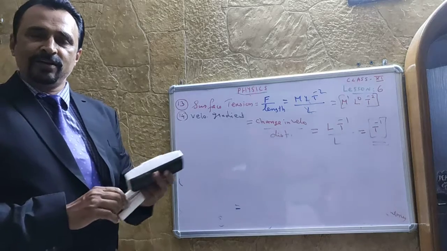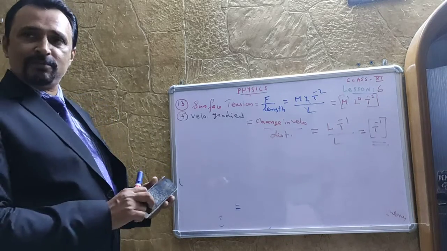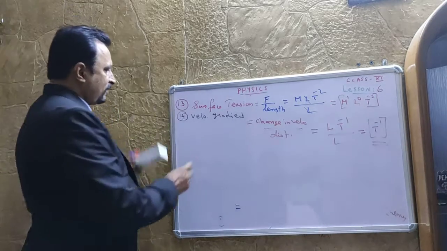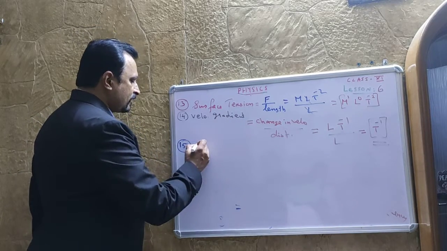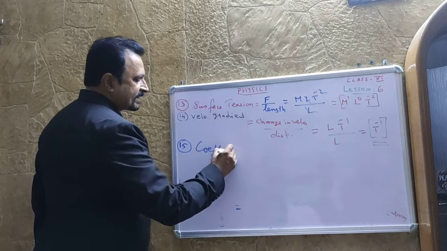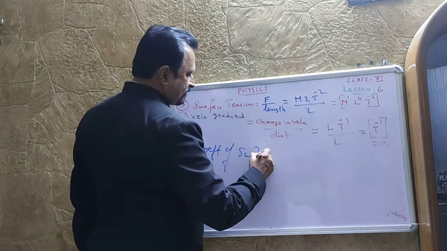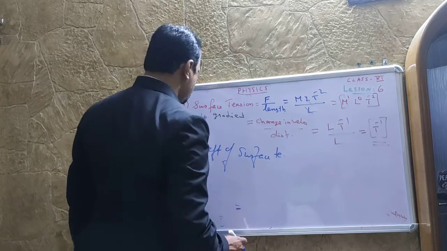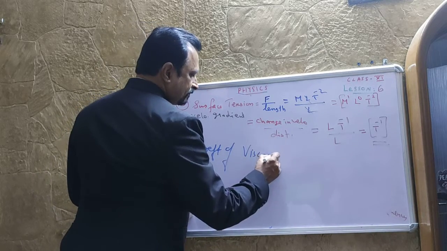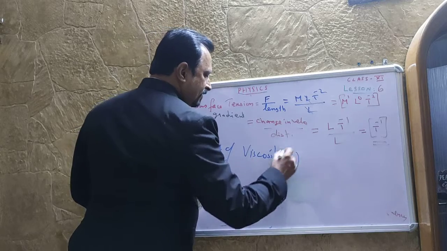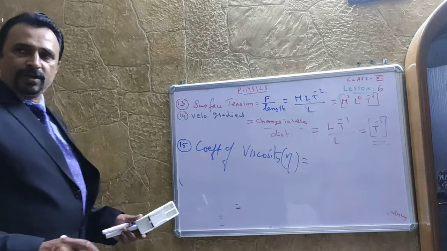Why did I tell this one? You can write one more important dimensional formula based on this velocity gradient. That is called coefficient of viscosity. The symbol used is eta. This one I can give you as homework.